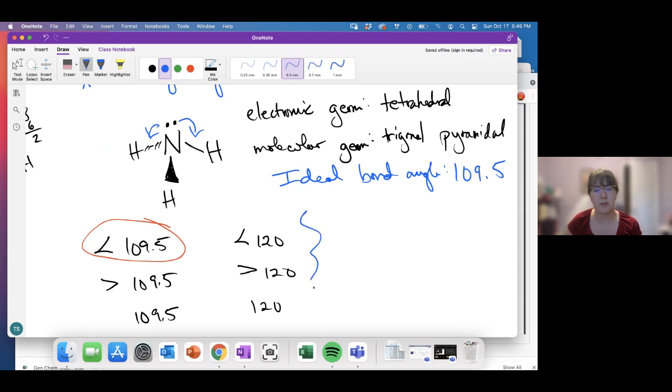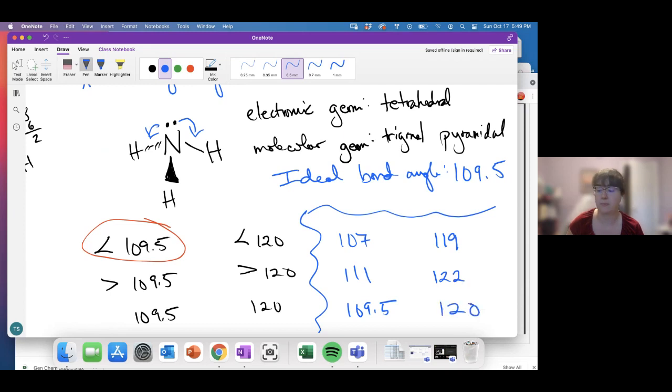Here's my other option, and it's based on the exact same principle. It would look like this: 107, 111, 109.5, 119, 122, 120.